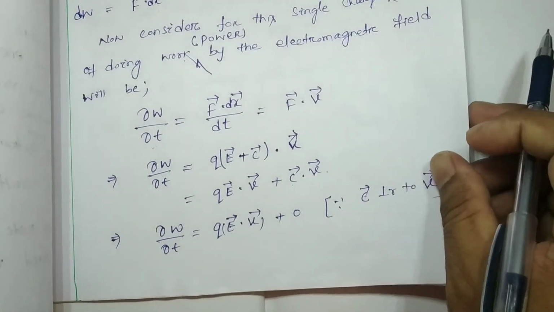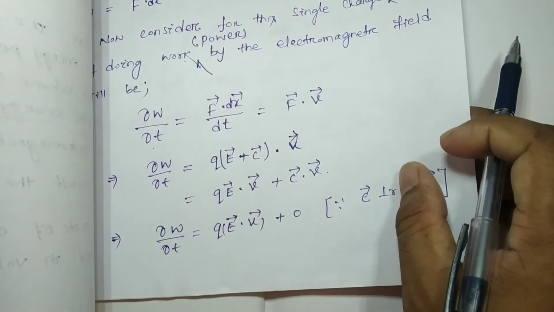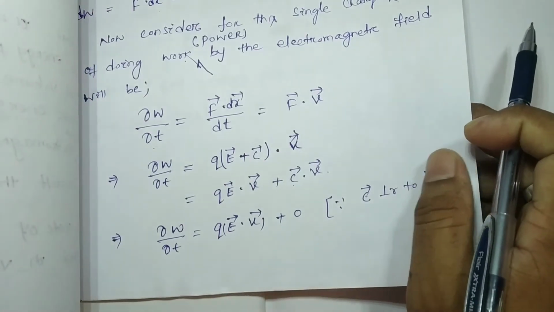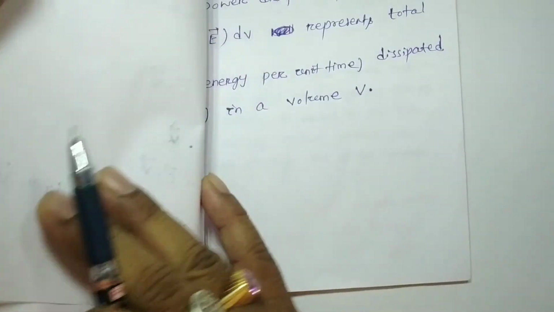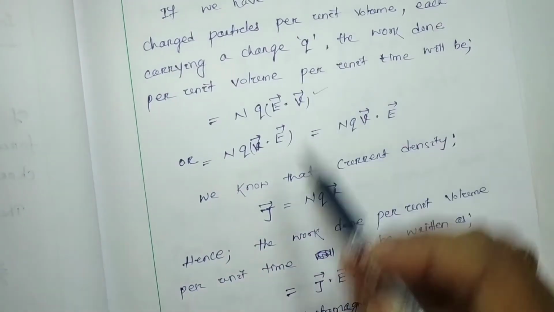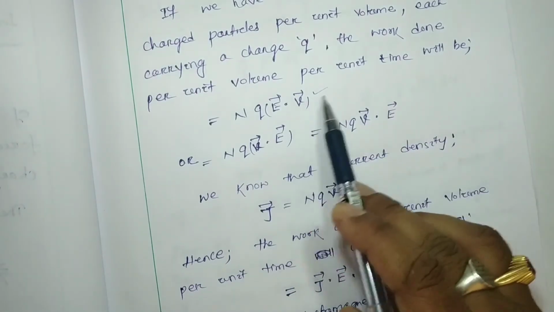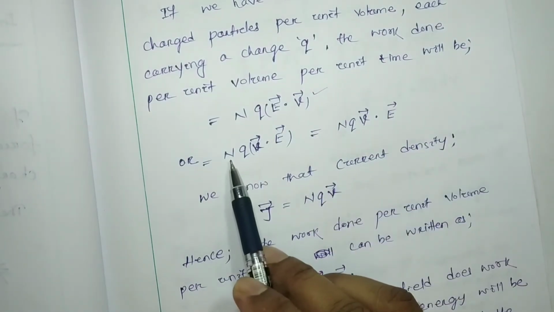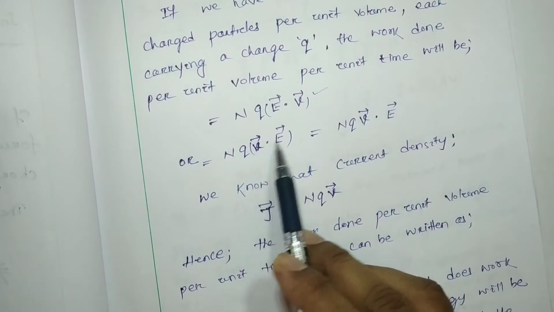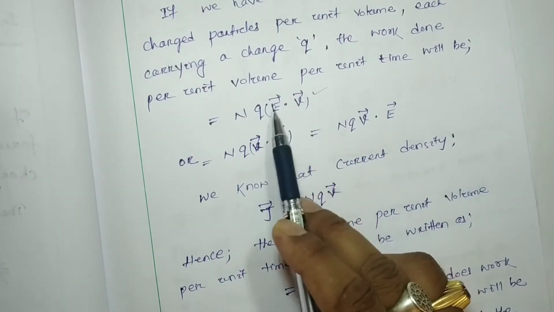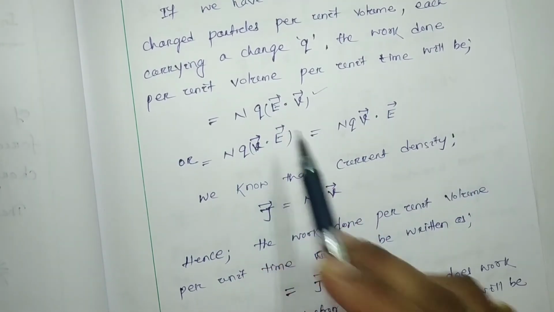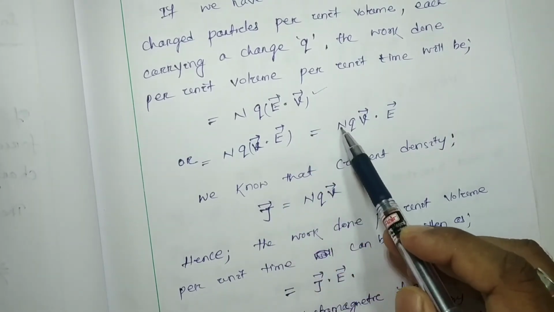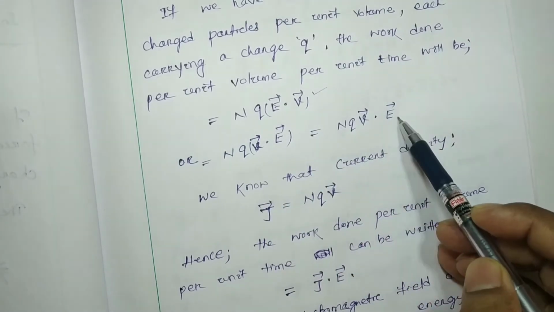Suppose we consider n number of charged particles, then the total power will be n into this much, per unit volume, per unit time. Or it can be written as nq V dot E, because E dot V is nothing but V dot E.